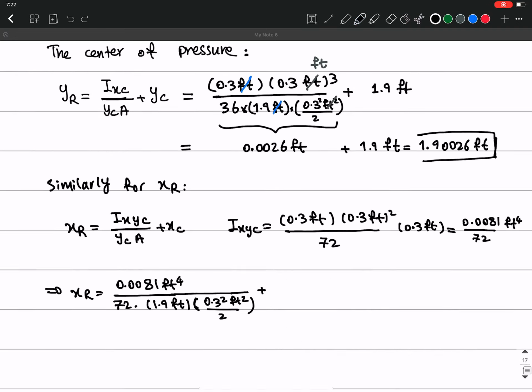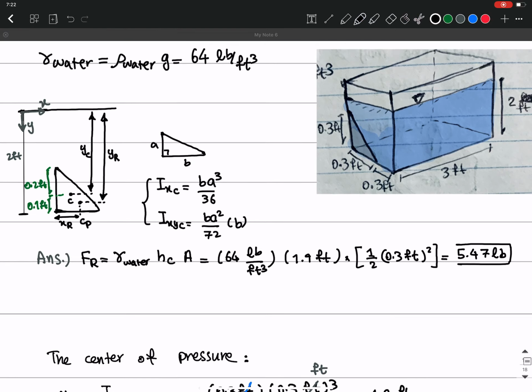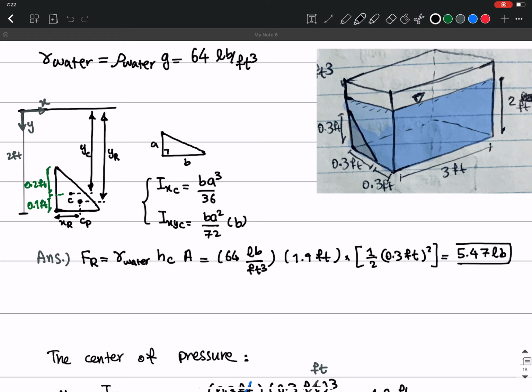So it's going to be plus 0.1 foot, which equals 0.10113 foot. Okay, so this is going to be the center of this force here, which we call the center of pressure.